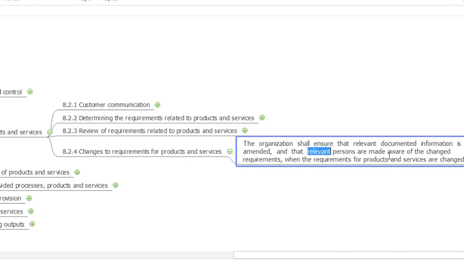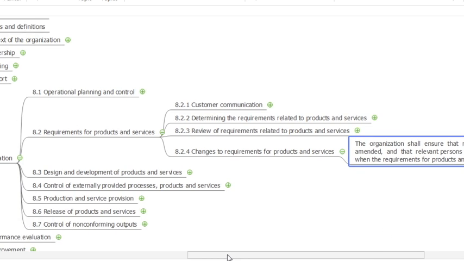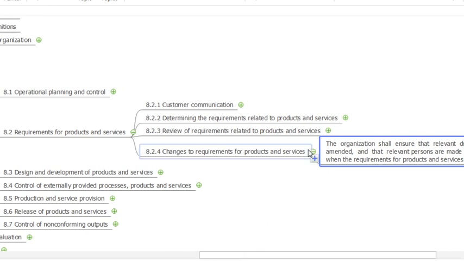The relevant persons are made aware of the changed requirements. If we change the process, the machine speed, or any concentration or other things, the person working on the machine should really know about these changes. So this clause totally talks about changes to requirements. Whenever we make any changes, we should make the relevant persons aware.